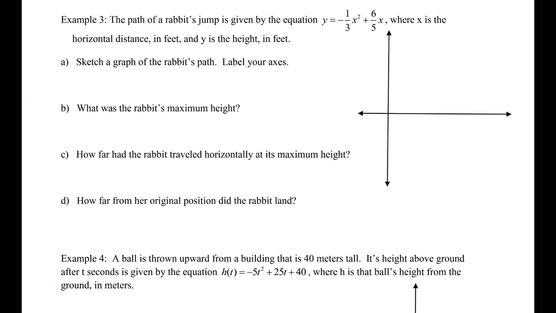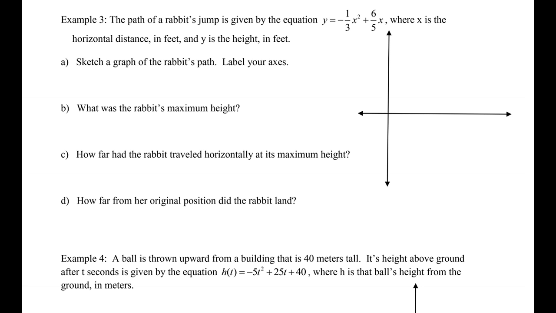We're going to go through again and use our graphing calculator to help us solve example 3. It says the path of the rabbit's jump is given by the equation -1/3 x squared plus 6/5 x, where x is the horizontal distance in feet and y is the height in feet.